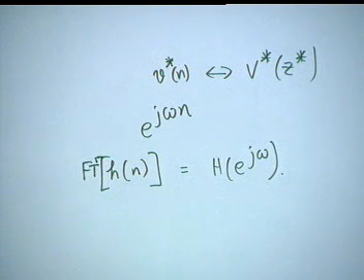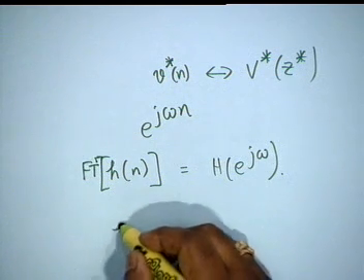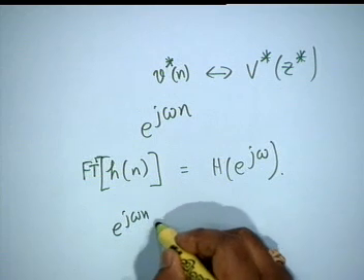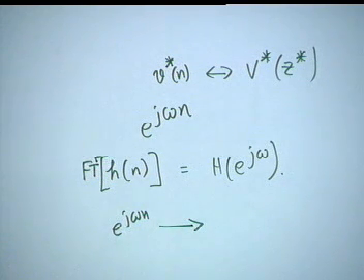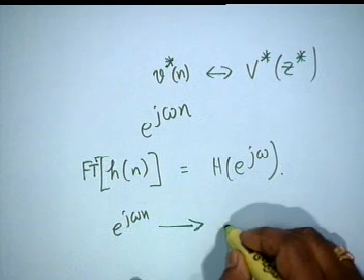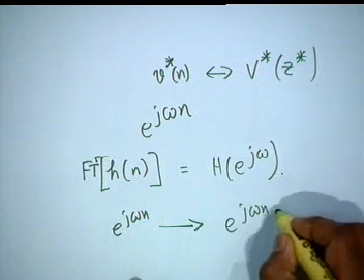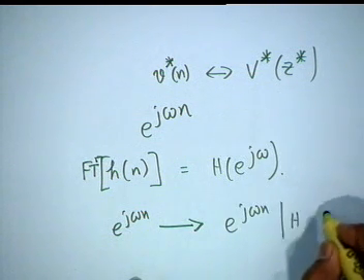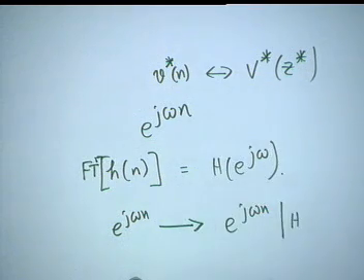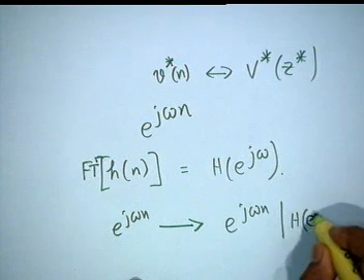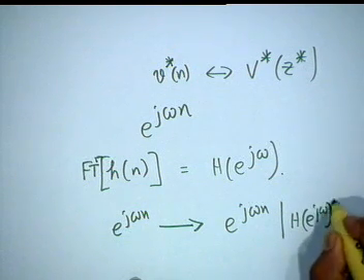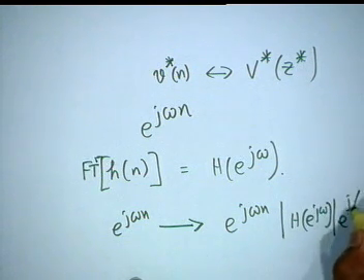Capital H of e to the j omega is a complex constant in such a manner that e to the j omega n fed to an LTI system whose impulse response is h of n is simply e to the j omega n multiplied by this constant, which I can write in terms of a magnitude and an angle.